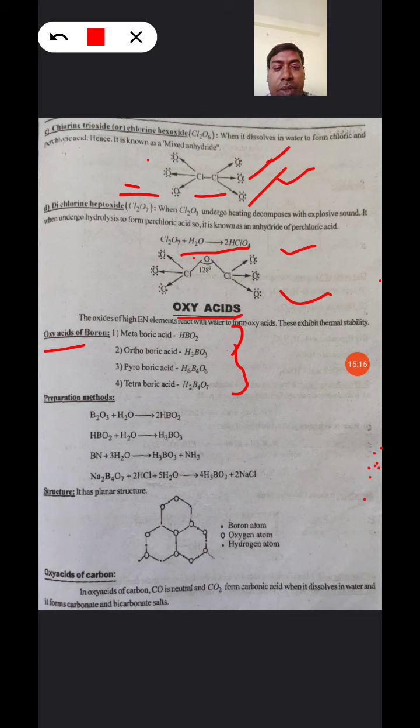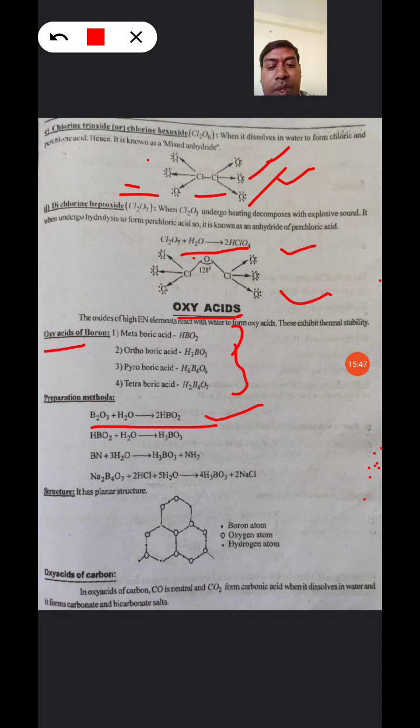So here the next we see the preparation methods. B2O3, boron trioxide, reacts with water and forms 2 moles of HBO2, that is metaboric acid. Boron trioxide undergoes hydrolysis to form metaboric acid.